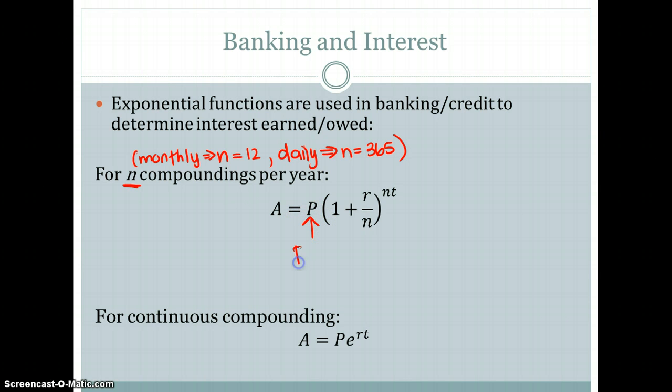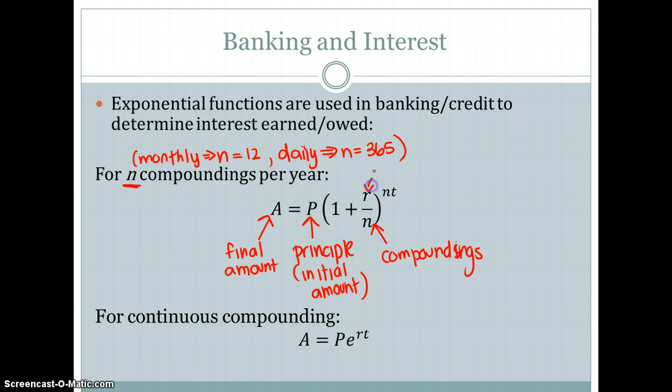So P, remember, represents the principal, your initial amount. A represents your final amount, how much you earned overall. N, we just said, is the number of compoundings, how many times it's compounded.